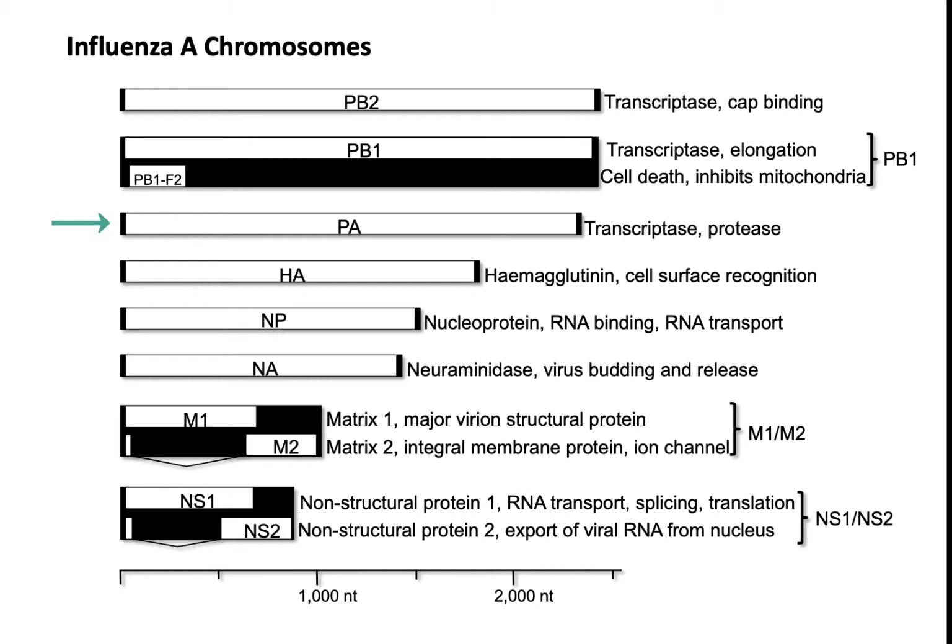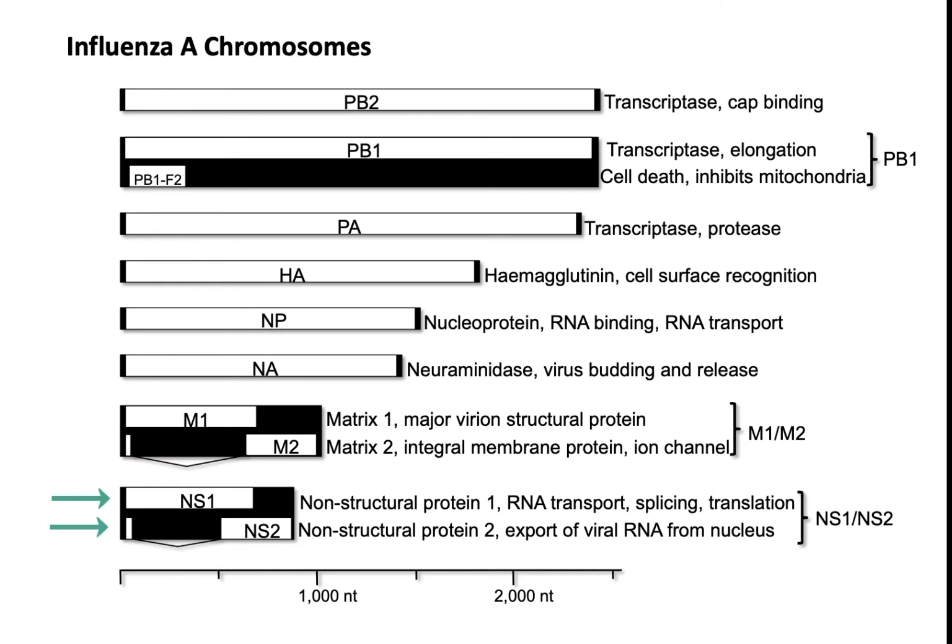The PA is also for the transcriptase and the protease. HA is the hemagglutinin surface protein. NP is the nuclear protein, RNA binding and RNA transport. NA is the gene for the neuraminidase protein. And then M1 and M2 are those matrix proteins.